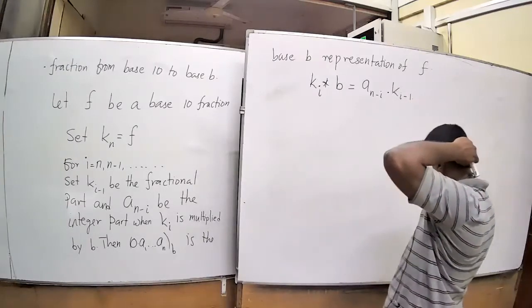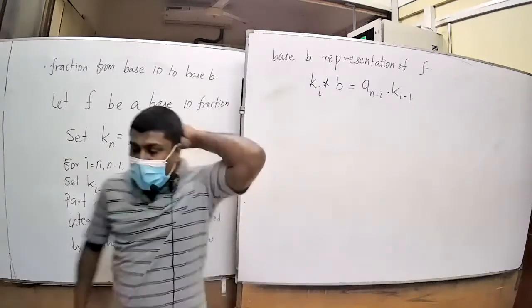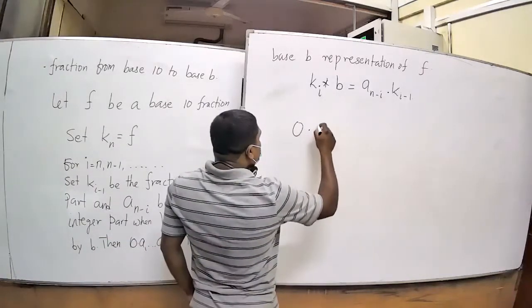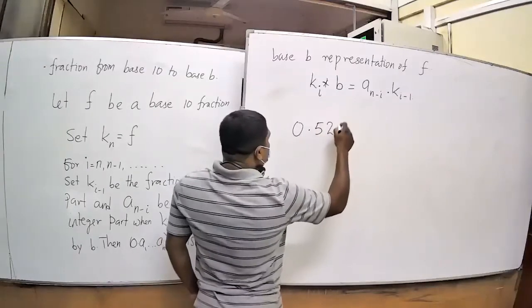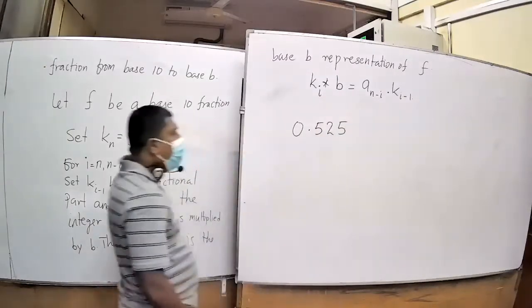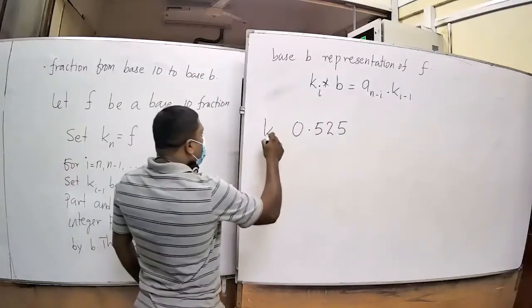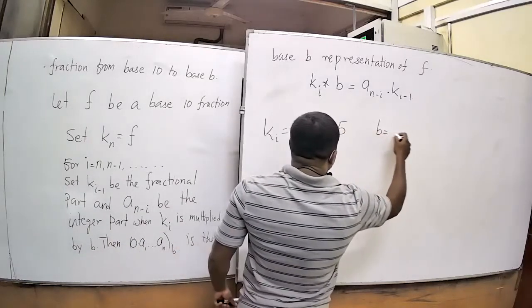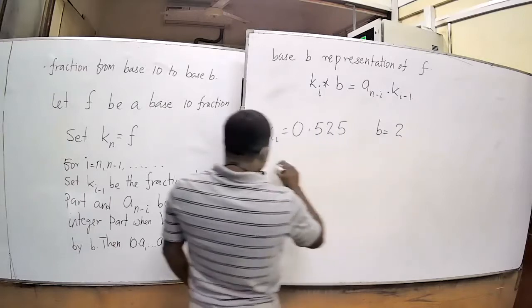Say for example, you have 0.525, this is k_i, and let's say your b is 2.